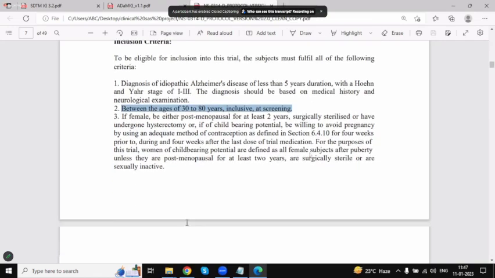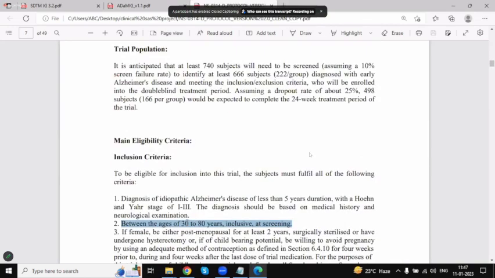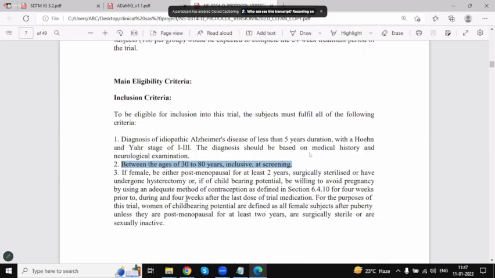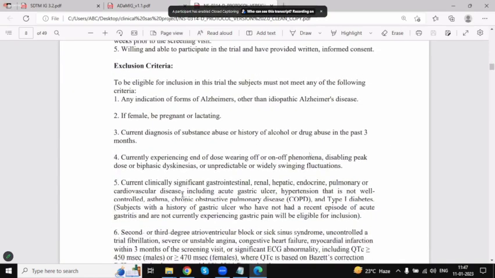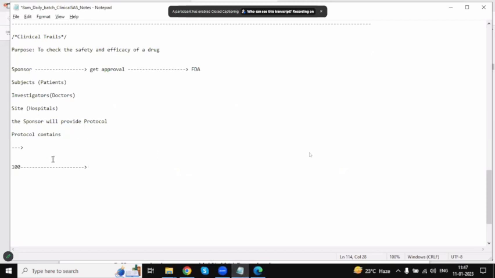Like this, there are some inclusion criteria. If they satisfy these inclusion criteria, then only they are going to be included in the clinical trial. Then some exclusion criteria. See, if a female is pregnant, we have to exclude her. Like this, there are some inclusion and exclusion criteria. Based on those, say 100 subjects come, let us say we take only 60 subjects. It means the remaining 40 subjects are not eligible to participate in the clinical trial.